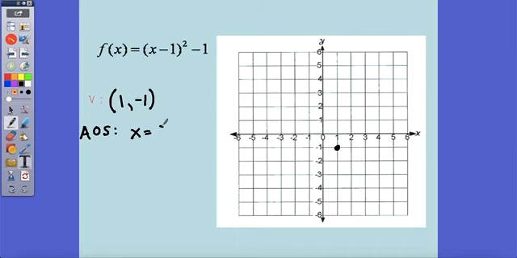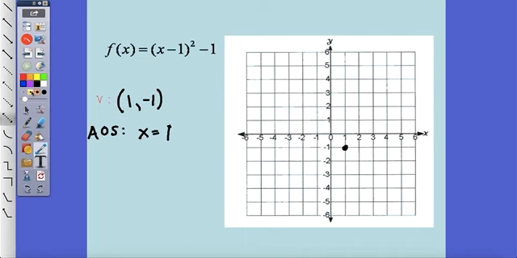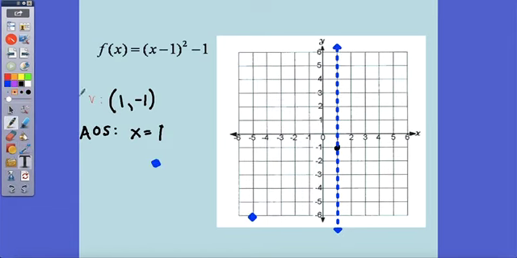I'm going to put that on here as a vertical dashed line. Axis of symmetry right there. Based on the value of A here, we know A would be 1, because there's an implied 1 right there. So this opens up.